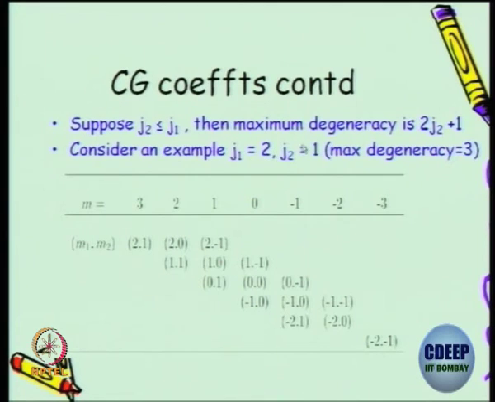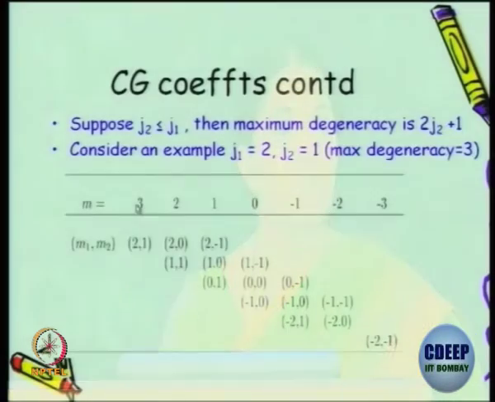M max is 2 plus 1, which is 3. So M minimum is minus 3. You can go in decreasing steps of 1 till you hit M minimum, which is 2, 1, 0, minus 1, minus 2, minus 3. What are the M1, M2 contributions for a given M? M1 plus M2 should be equal to M, right? You're all following?